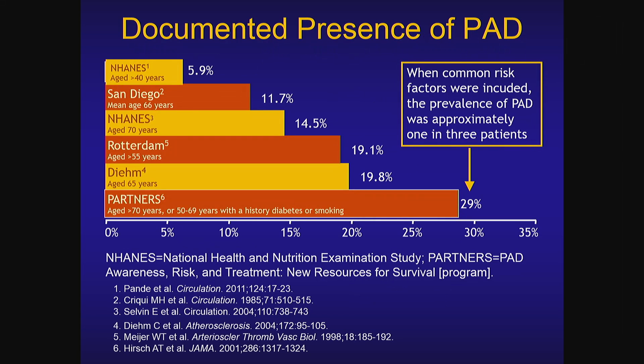The prevalence and incidence of peripheral artery disease is often underappreciated. We know from previously published epidemiological studies that peripheral artery disease can be as prevalent as 1 in 3 patients who have atherosclerotic risk factors.